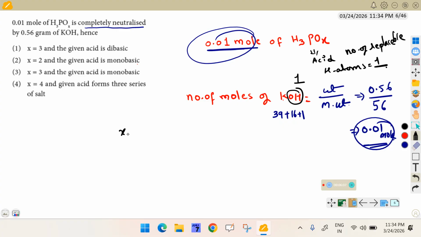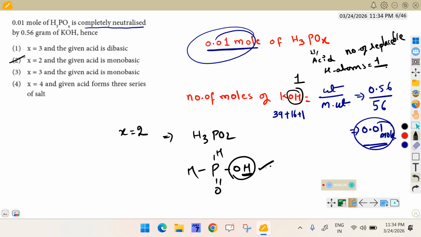Based on that, the value of x is 2. If x is 2, that is H3PO2. In H3PO2, how many hydrogen atoms are replaceable? Only one hydrogen atom is replaceable. So x is 2 and the given acid is a monobasic acid.